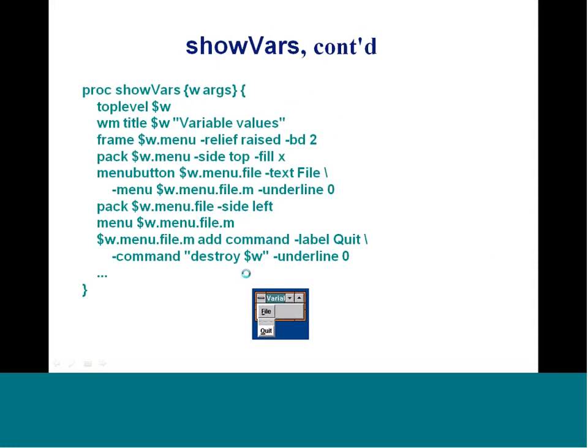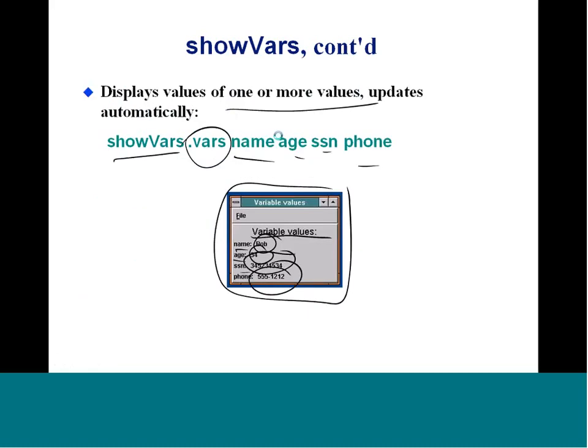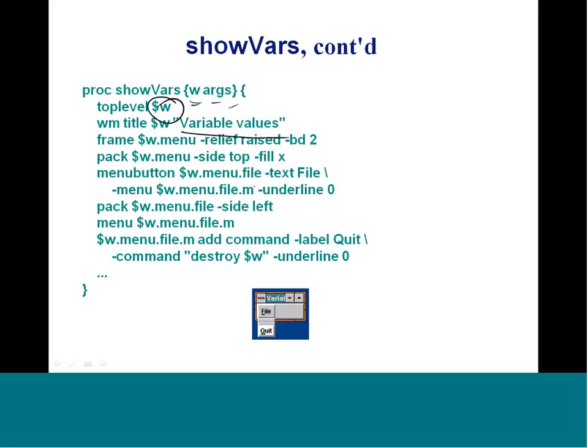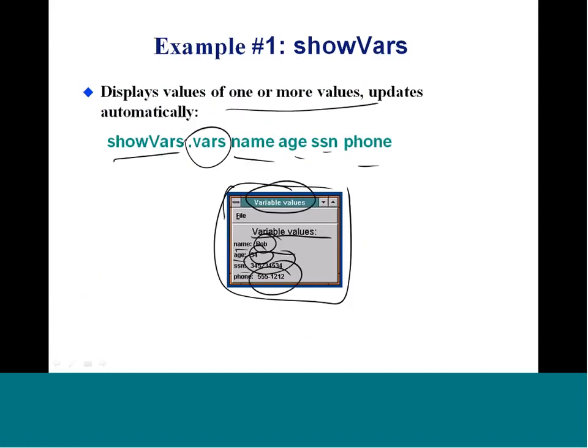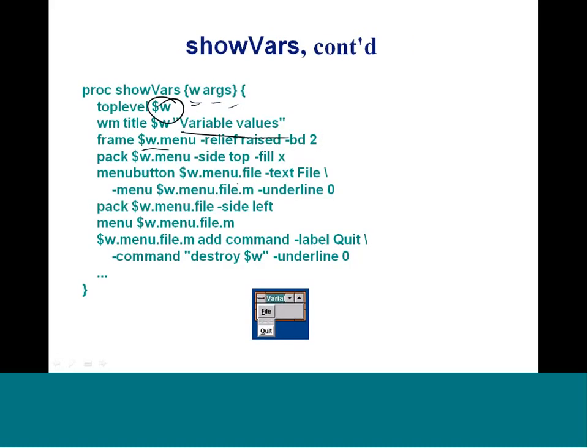So here is the showvars procedure. Again it takes the window and then the arguments. This is the top level. Again we name the window title as variable values, as you can see here. It's displayed here. Then we specify what kind of frame we want, which defines all the frame elements, how that frame is defined.